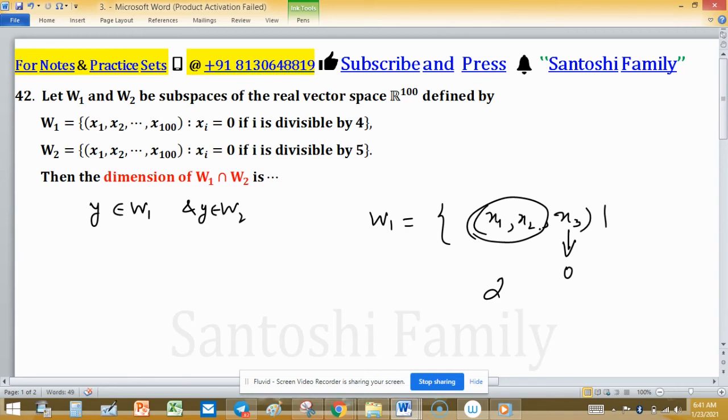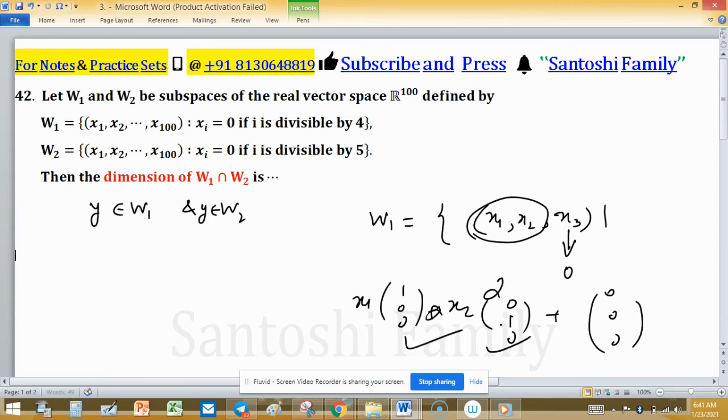You can take x1 as 1 0 0 and x2 as 0 1 0 and x3 as 0 0 0. So only these two are independent vectors, so the dimension of W1 equal to 2.